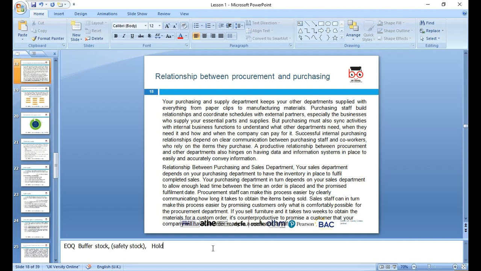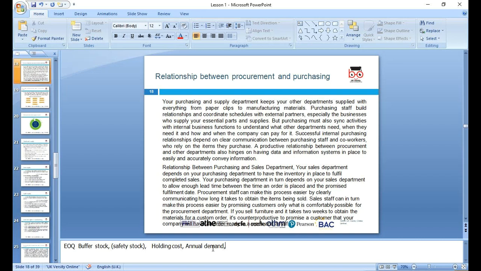Think about the holding costs, always look at holding costs. Think about annual demand: how much we need and how many times we can order, because each time there is a cost involved. Each order you place, each LC, letter of credit, you open, there is always a cost involved.